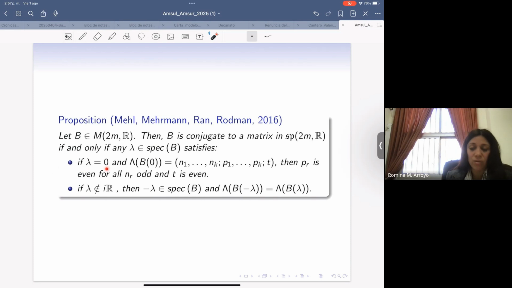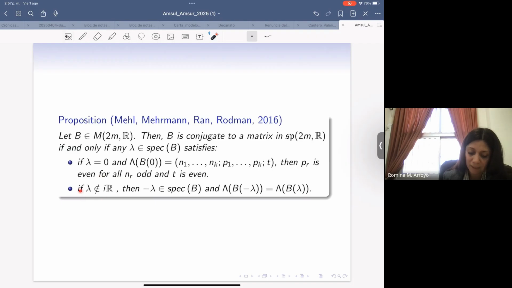If lambda is equal to 0, so basically we are considering a block or many blocks with eigenvalue 0, then the condition is the same as in the nilpotent case.